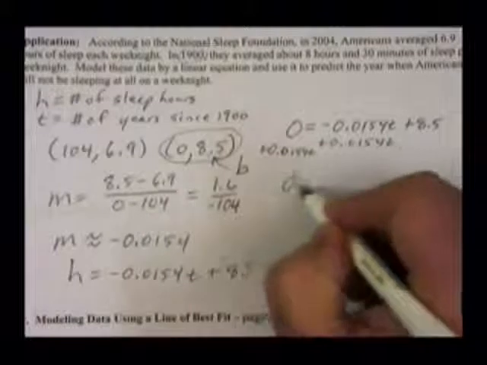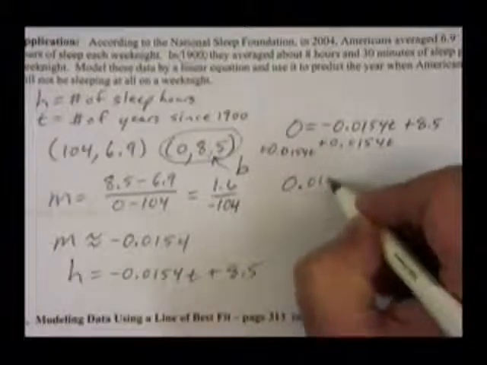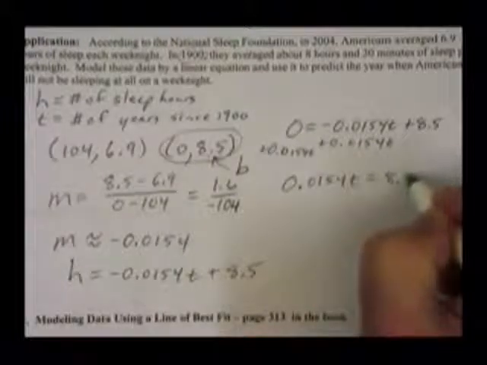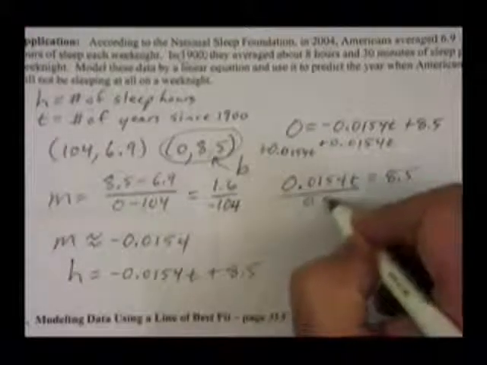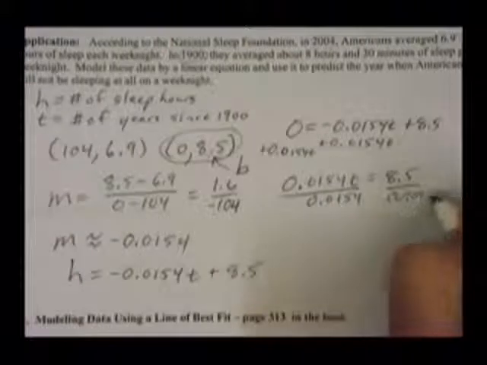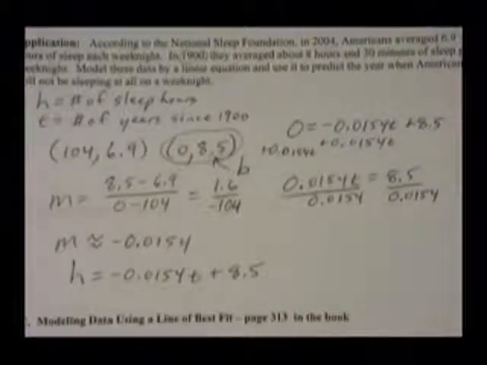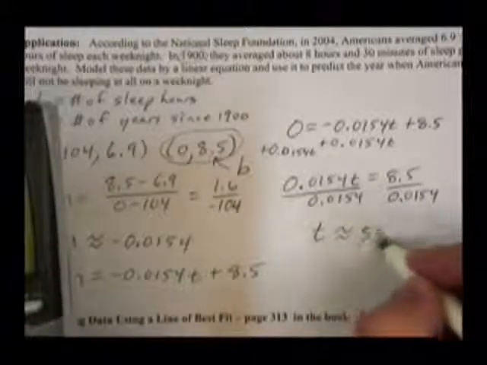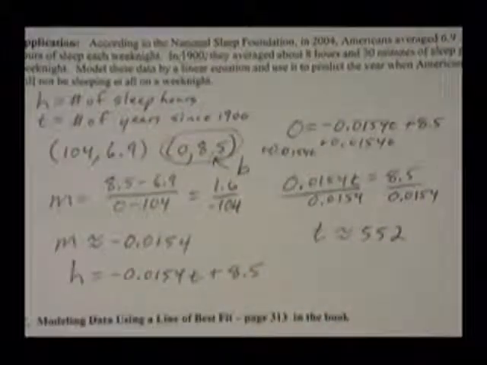So that gives me 0.0154t equals 8.5, and then I'm going to divide by 0.0154. So 8.5 divided by 0.0154 gives me a t, when I round off, of about 552.